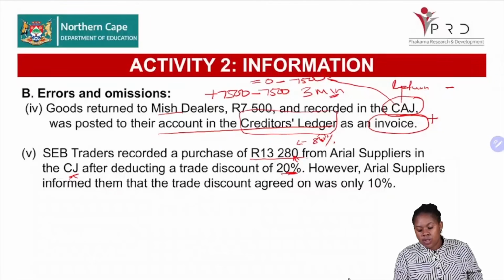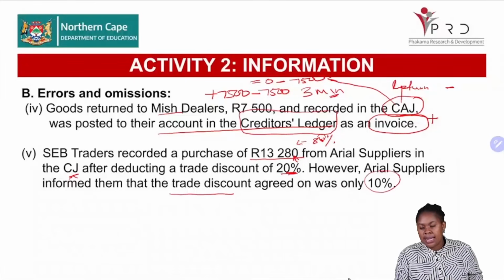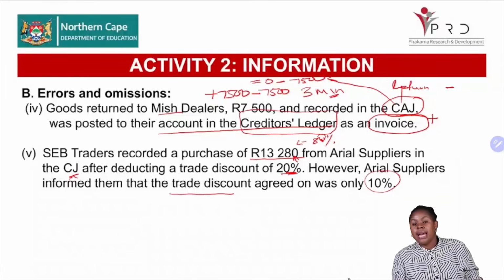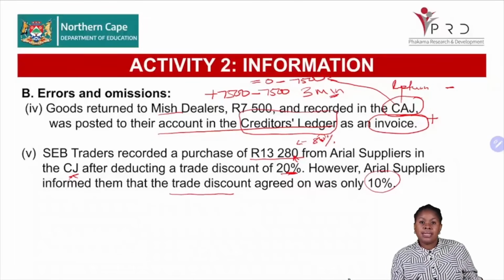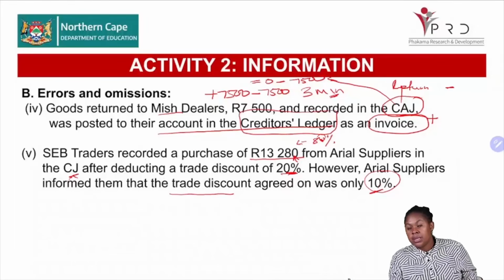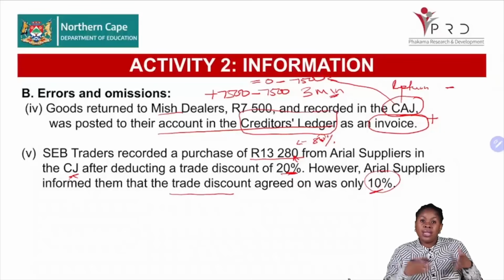Because it's after the trade discount was recorded or deducted. However, aerial suppliers informed them that the trade discount agreed on was 10%. So that means that when we cancel the debt, we canceled 10% too much. So that means that we need to add back because we're still owing the 10%, right? Only 10% was a discount, therefore the other 10% we had to pay, right?